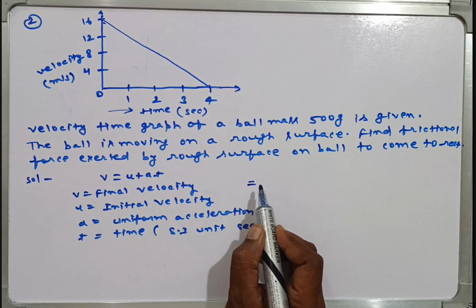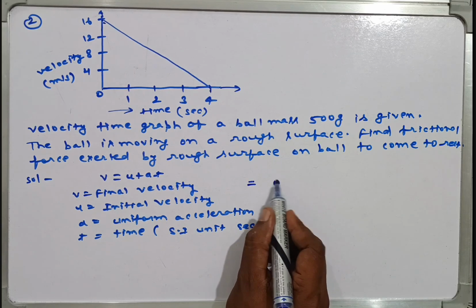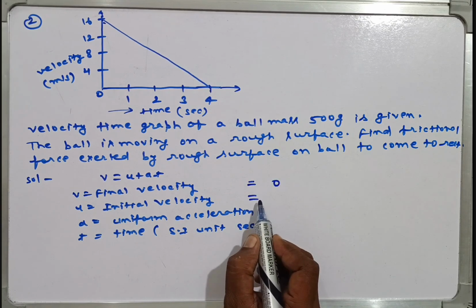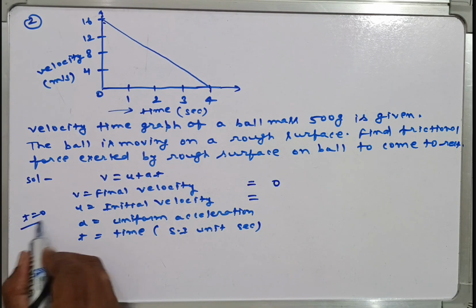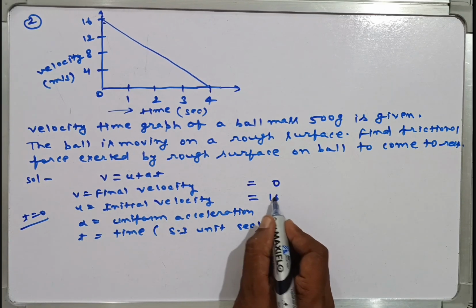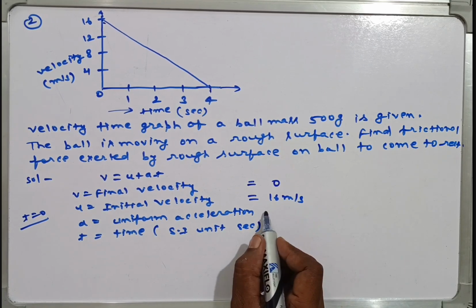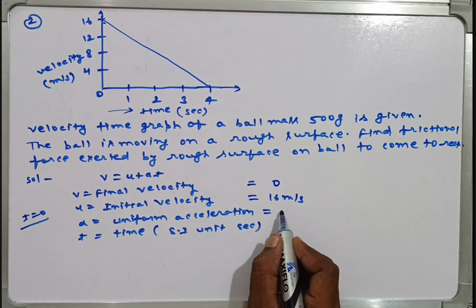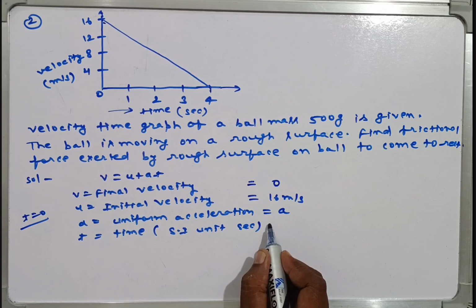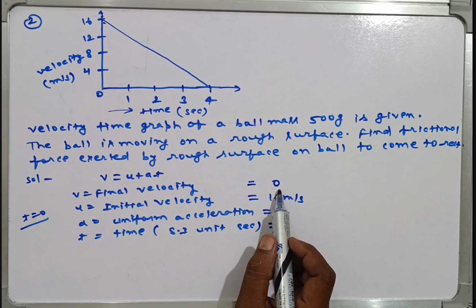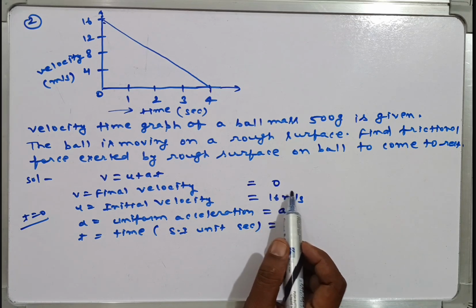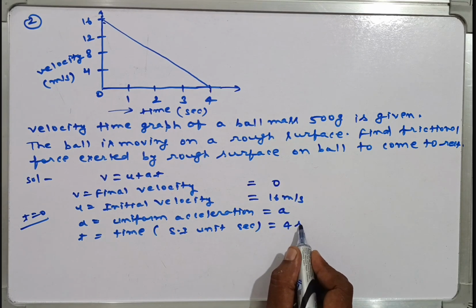You can say, sir, final velocity is 0. Initial velocity, here at t equal to 0, is 16 meter per second, and acceleration we don't know, and time to come to rest, or 0 velocity, is 4 seconds.